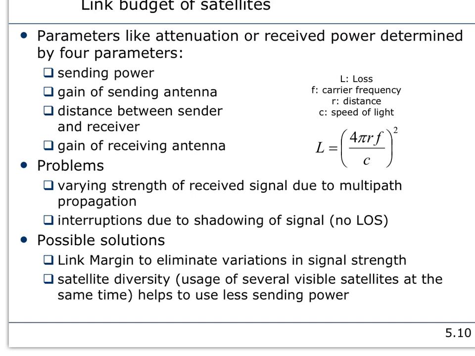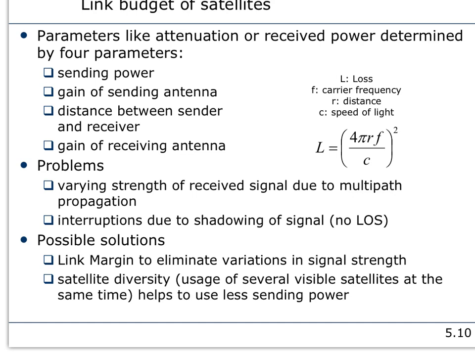But if the user is moving and the satellite is also moving fairly fast, as in low orbits, the user has to hand over between satellites very frequently. And that creates varying multipath fading.